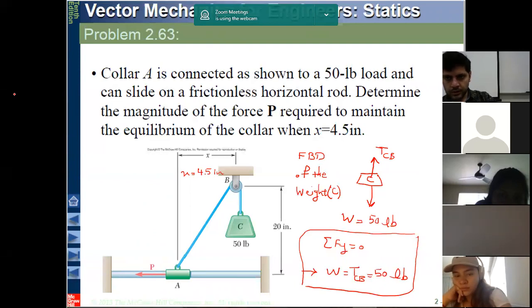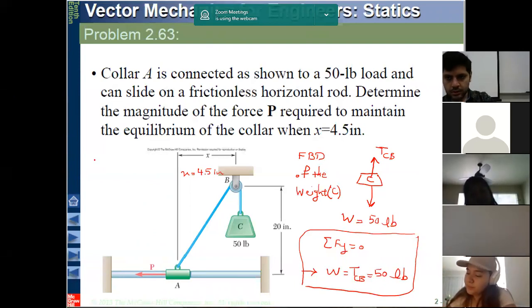So if I draw, the collar does not have any weight, so there's no gravity. The collar is weightless. So if I draw the free body diagram, I have horizontal P, then TAB.